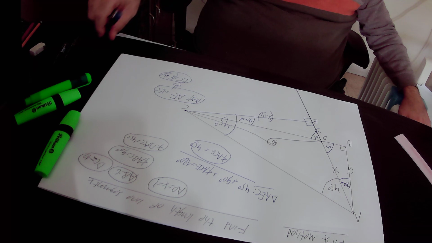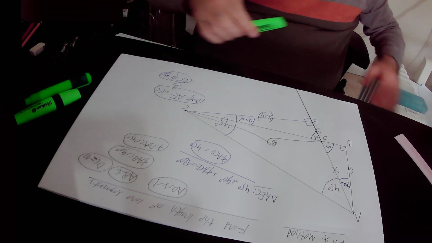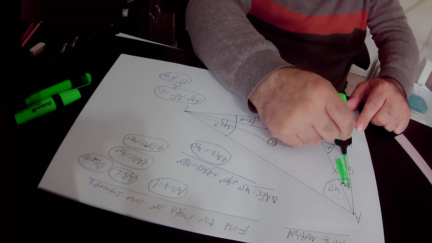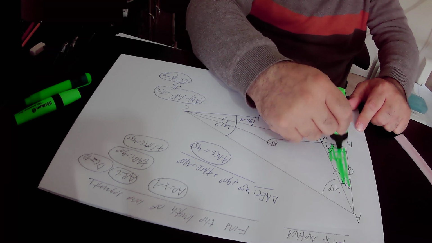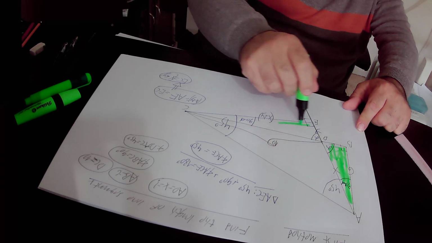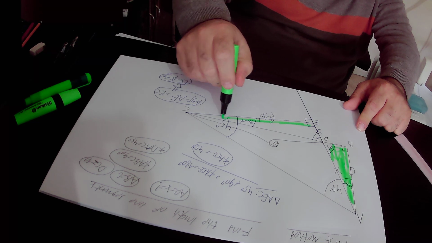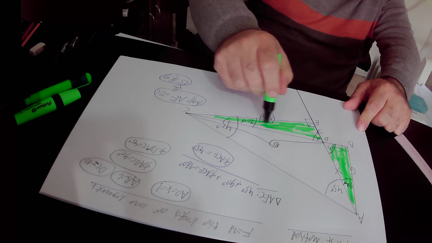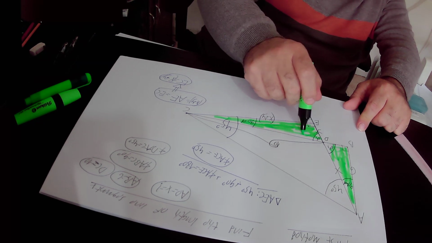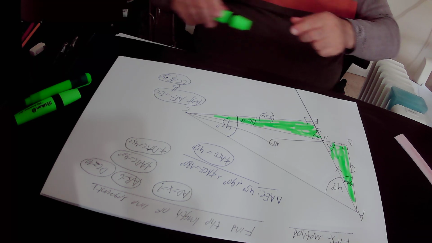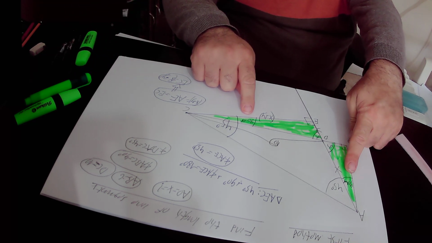So we actually proved that the right triangle ABD is similar to the right triangle EDC, according to the angle similarity rule. Those two angles are equal to each other, and they are both equal to 90 degrees minus alpha.